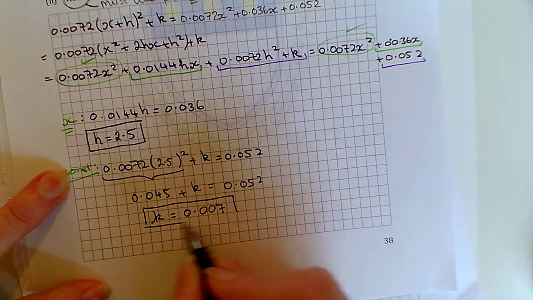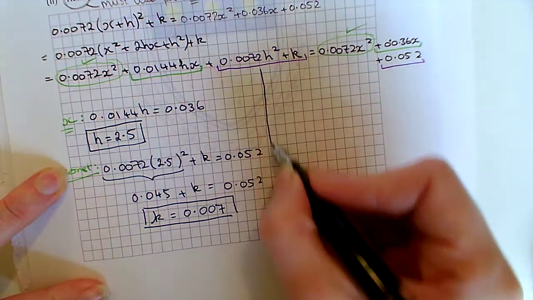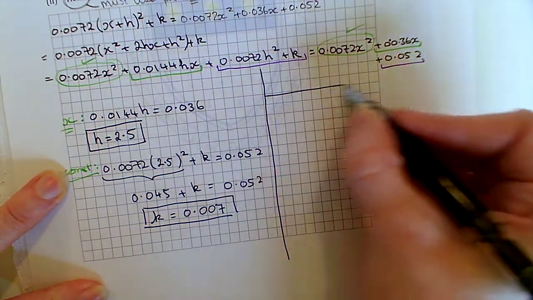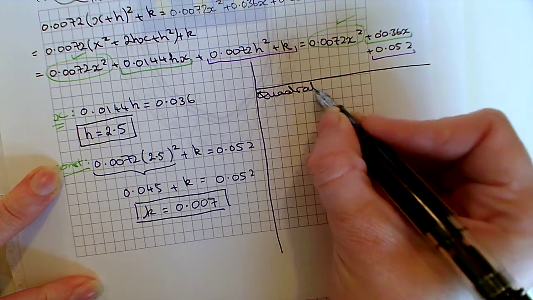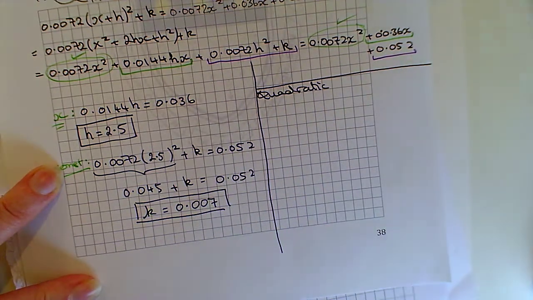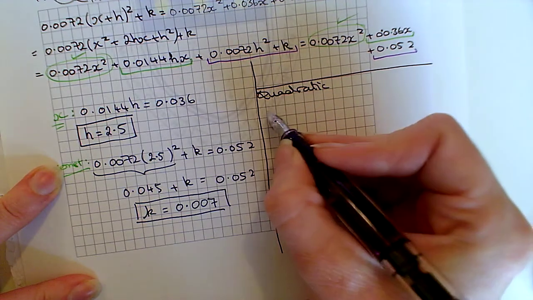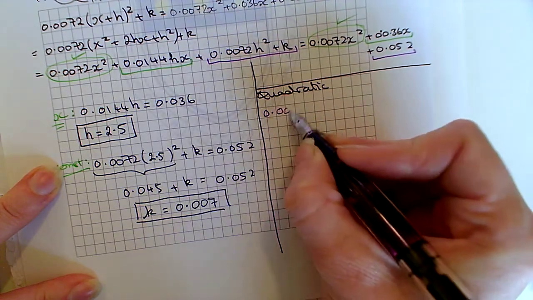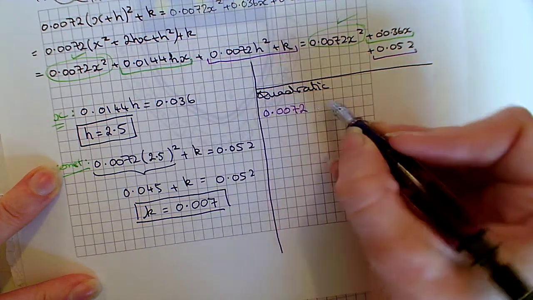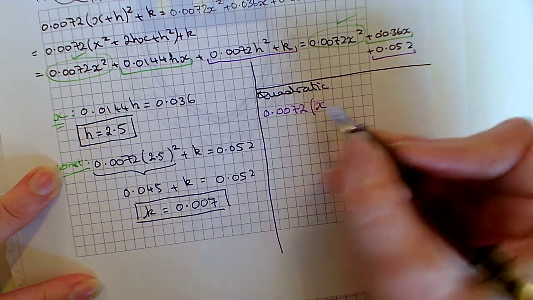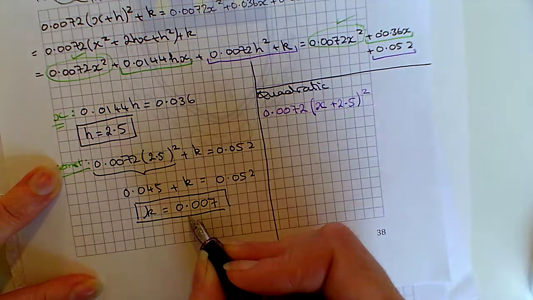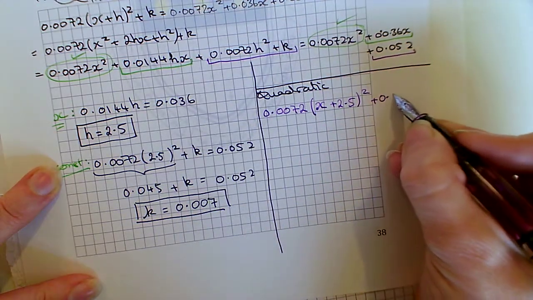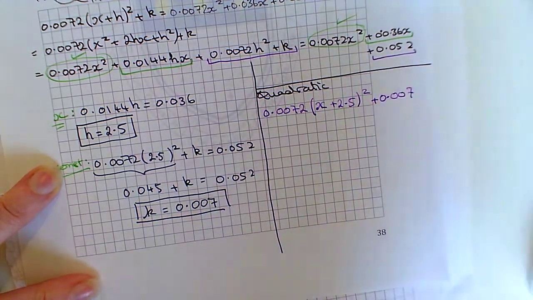And now, they never asked us to write that in completed square format. But we wanted to do it anyway. So our quadratic can be written as 0.0072, that's a, by x plus h squared plus 2.5 squared plus k plus 0.007.